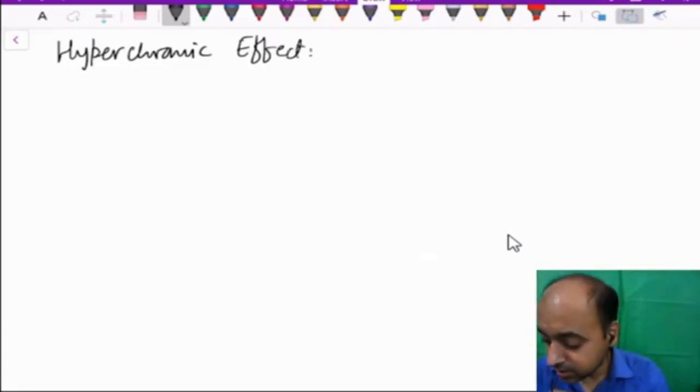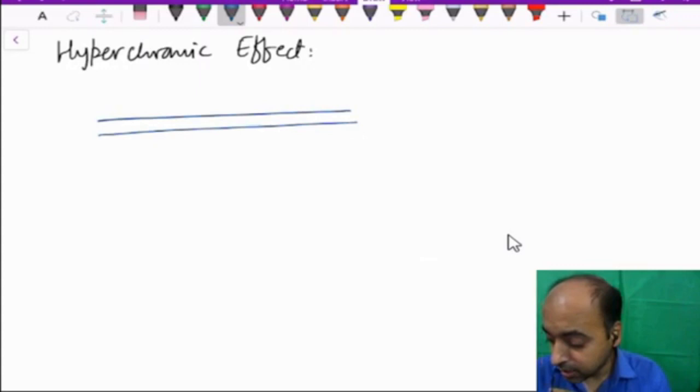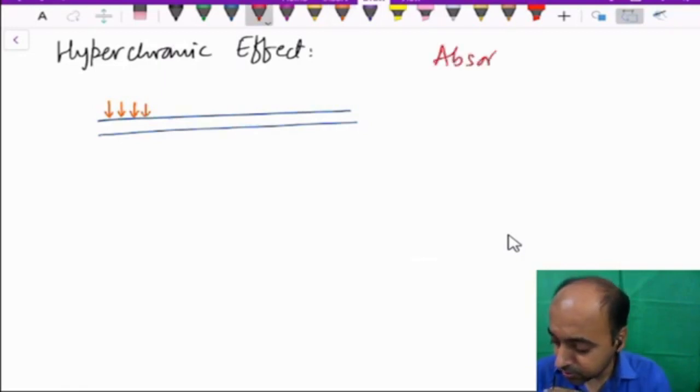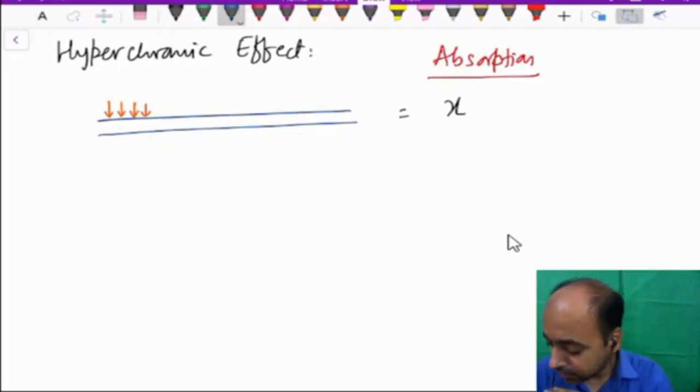If you have a double stranded DNA and you measure the absorption of UV light by it, let's say you get a value of X. Subsequently, you carry out the denaturation.